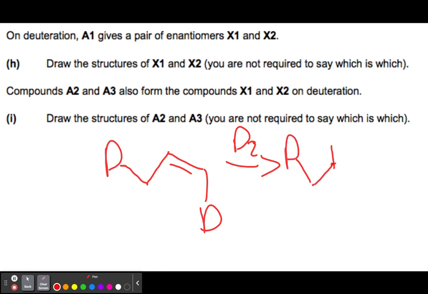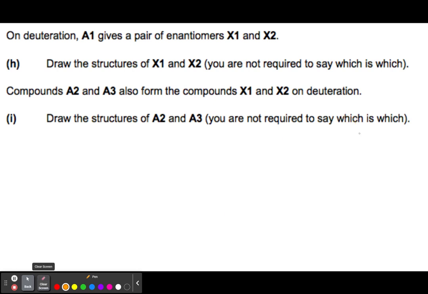So this could be a wedge, and then this bit could be a dash. And so that gives you the two enantiomers as before. So let me just quickly draw.